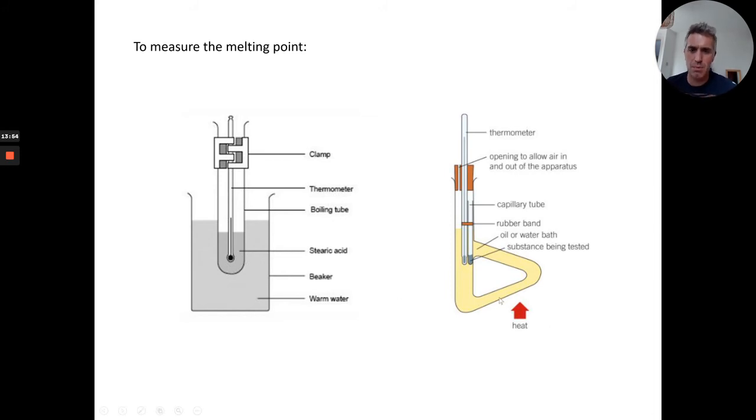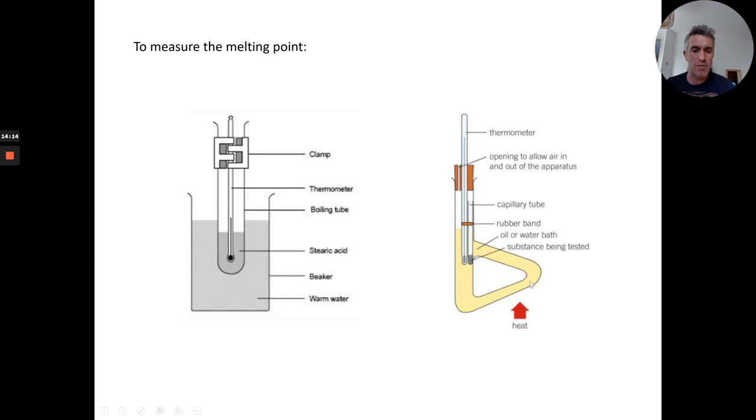Here is another example. Here we've got a capillary tube with a substance being tested, a non-specific substance, and this time what they've got is oil or water, but instead of heating it in a beaker like this, they've got it in a kind of funny, I don't even know what this is called, it's like a bee.